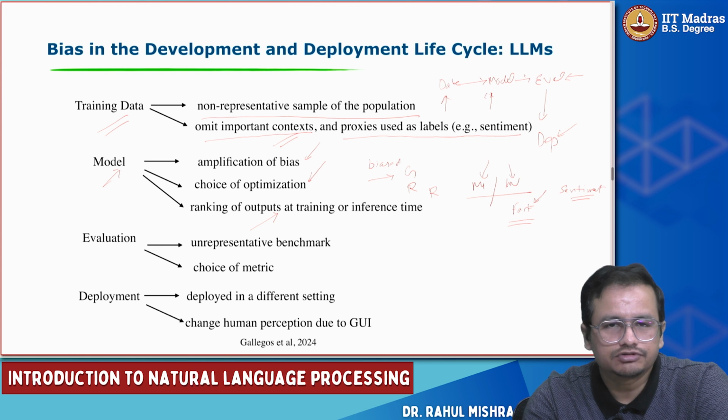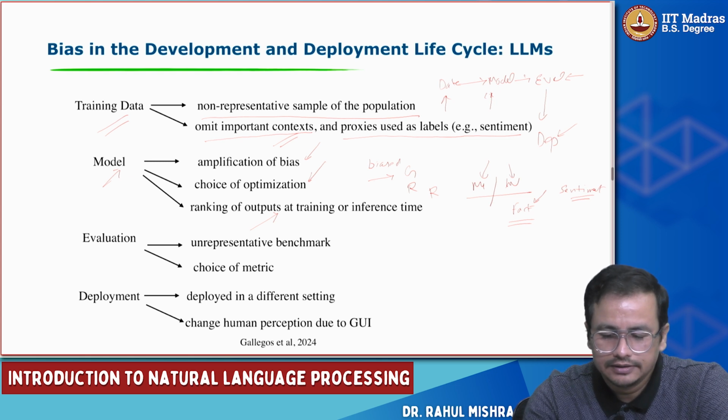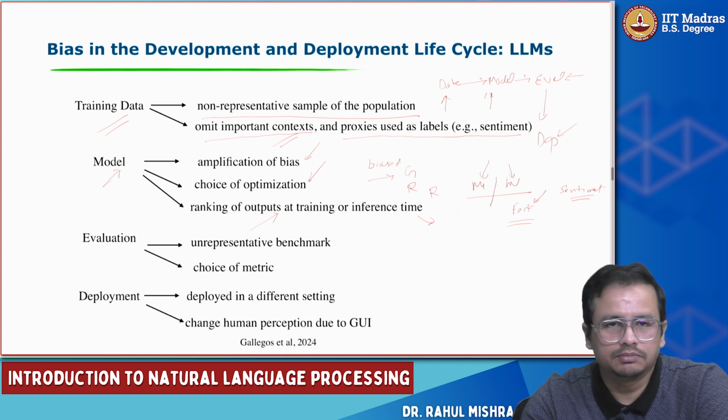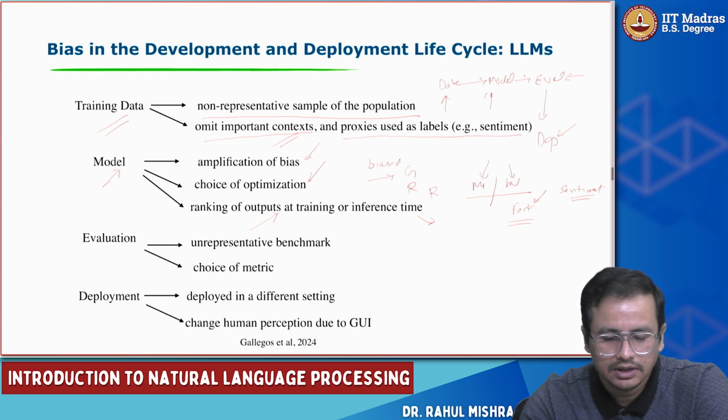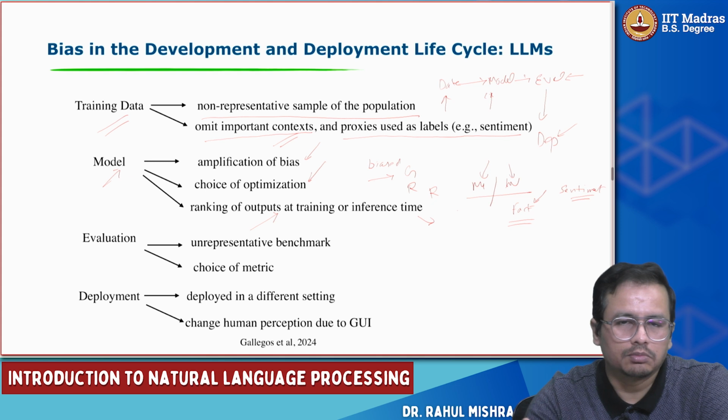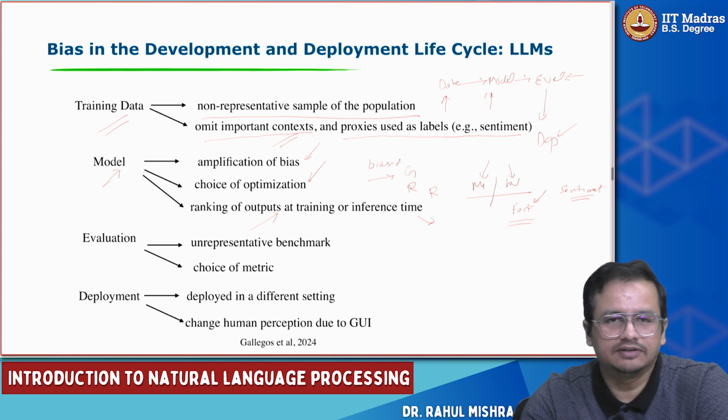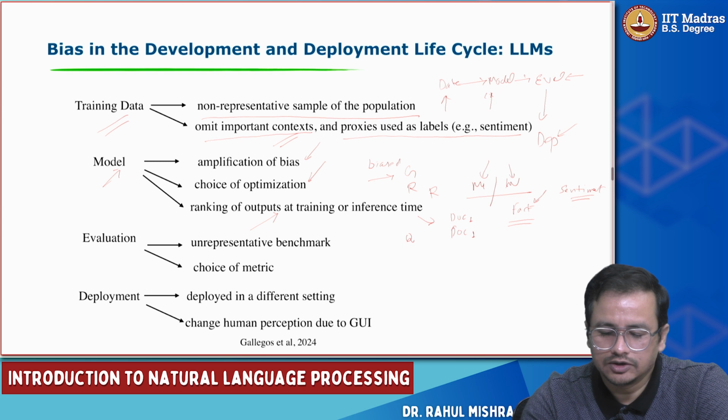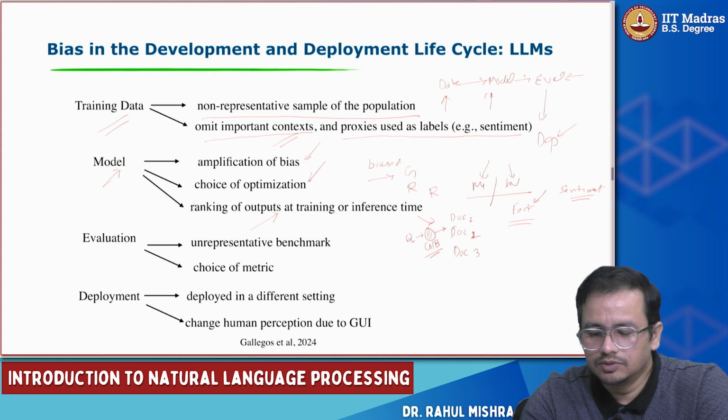And on top of that, in many applications, the output generated, maybe at training time or at inference time, we rank the output, maybe a probability distribution where the more probable outputs go to the top and the less probable go down. Or in an information retrieval system, you search a query on the web, on Google or Bing or something like that, and it gives you a ranked list of documents.